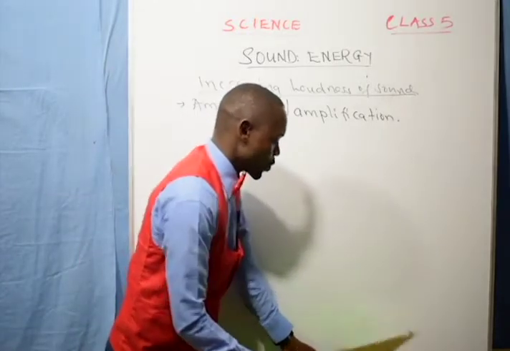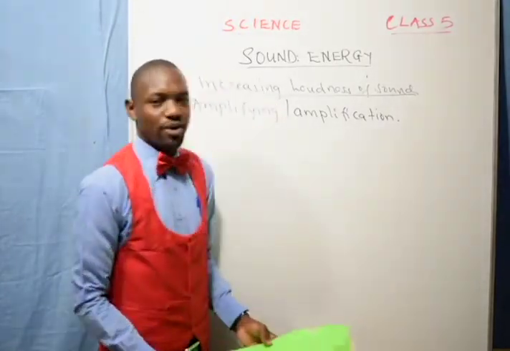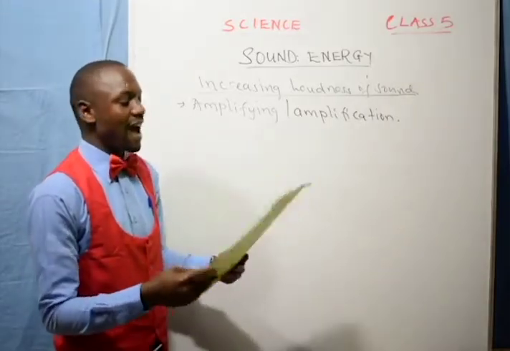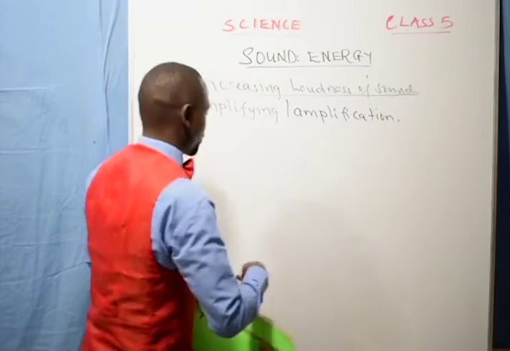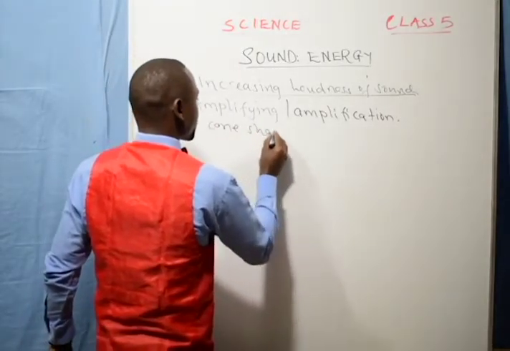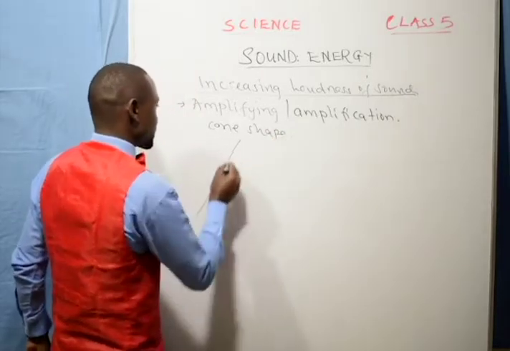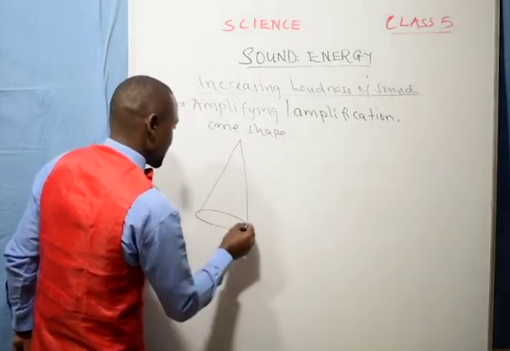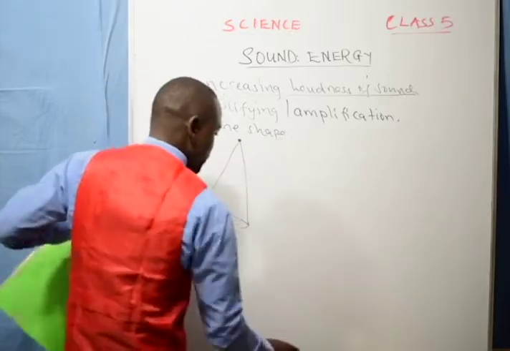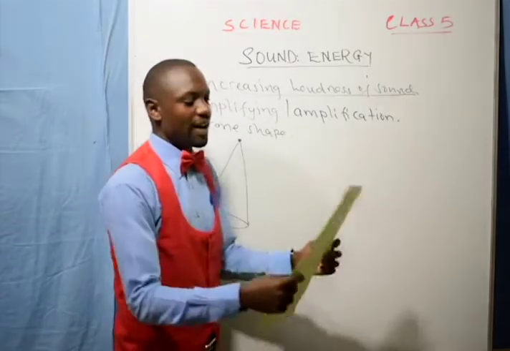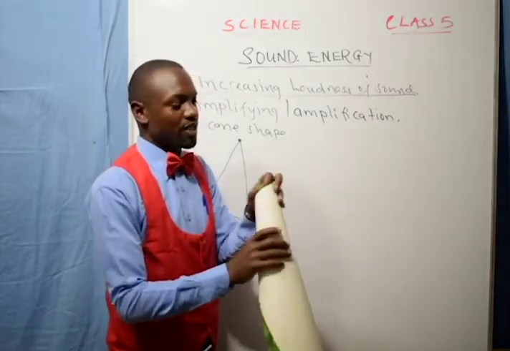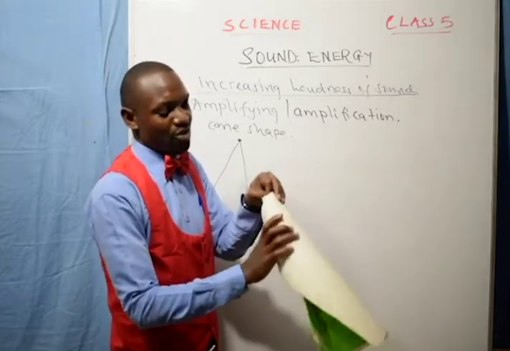For example, you want to talk to very many people at once in a gathering. Just take a piece of paper and fold it to form a cone shape. A cone shape looks like this. Then you talk through the narrow end.